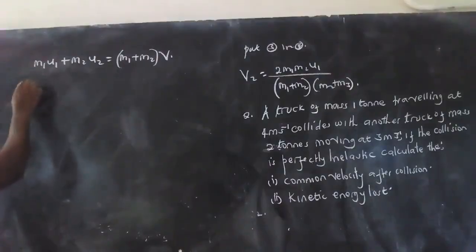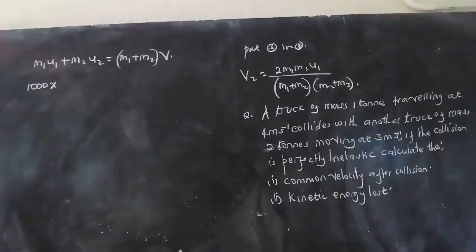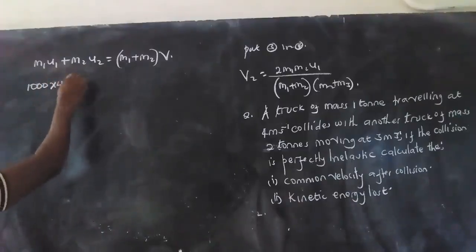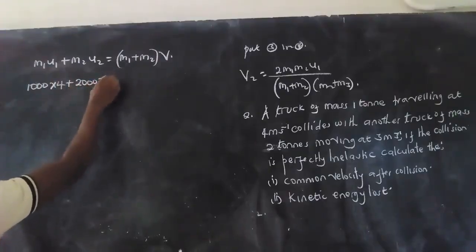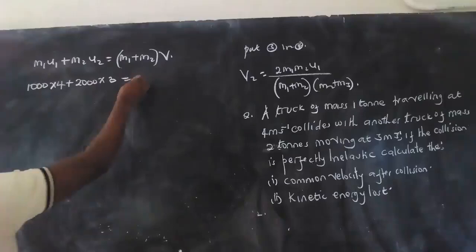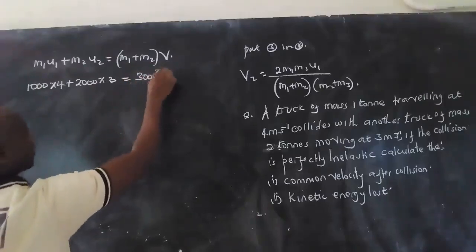So we shall now say this is 1 ton, that's 1,000 kilograms times 4. The first truck was moving at 4, plus 2 tons, 2,000 kilograms, moving at 3, giving us, when you add, 3,000 kilograms times v.